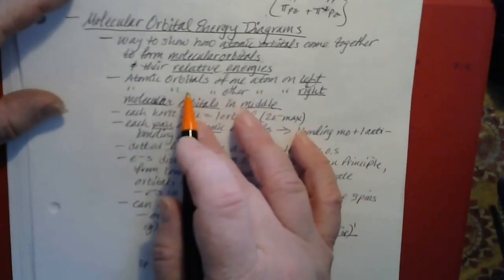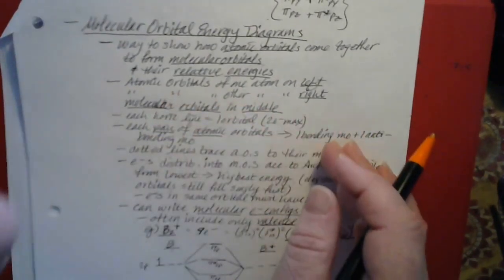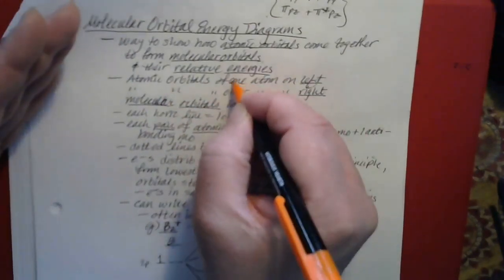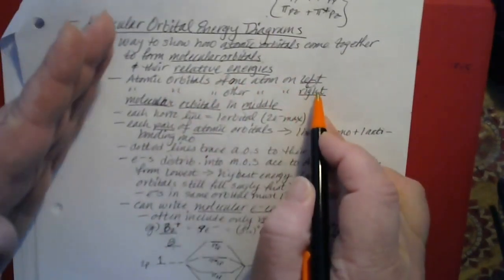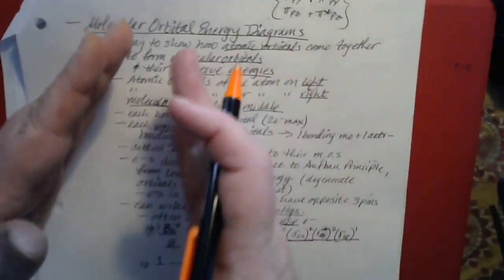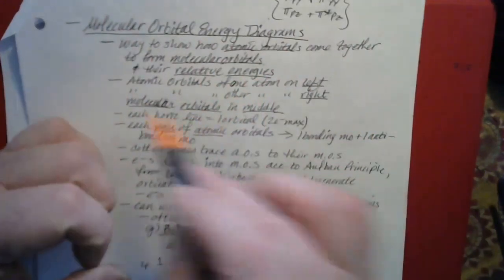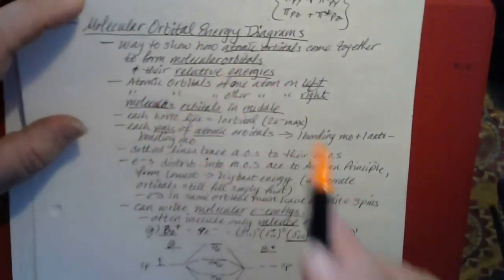Okay, so the way you usually arrange these is with the atomic orbitals of one atom on the left side of the page, and the atomic orbitals of the other atom on the right side of the page, and then the molecular orbitals will be in the middle. In this way, you can draw lines to show how the atomic orbitals come together and form the molecular orbitals in the middle.